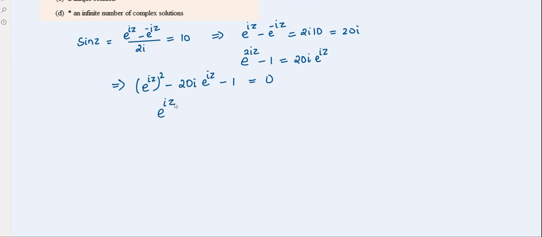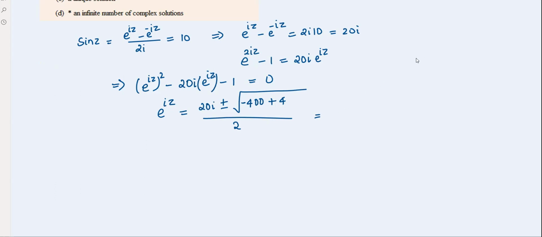So you get e power iz, taking this as a variable, equal to minus b, that is 20i, plus or minus root of b square, 400 i square, that is minus 400, minus 4ac, where a is 1 and c is minus 1, so plus 4, all by 2.